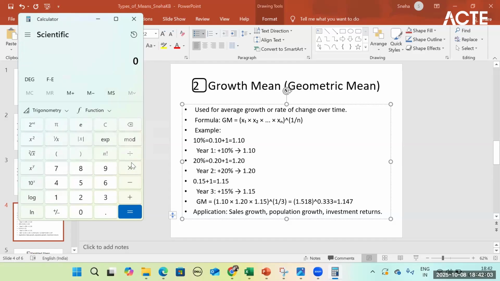Exponential is there, but it is taking square. I'm telling power of. It is not there.